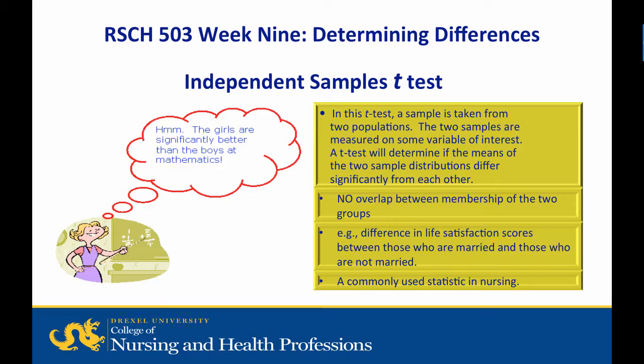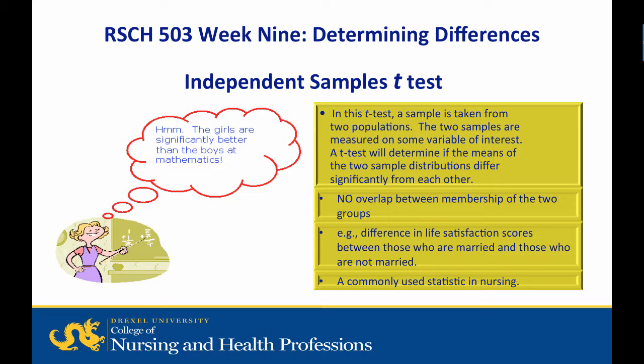In the independent t-test, one sample is taken from each of two populations. These two samples are then measured on the same variable of interest. A t-test will determine if the means of the two sample distributions differ significantly from each other. In this type of t-test, there is no overlap between membership of the two groups.